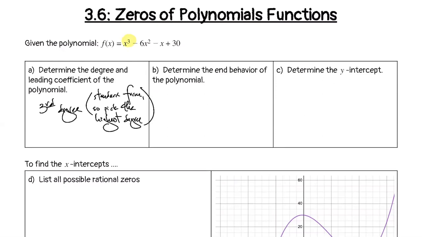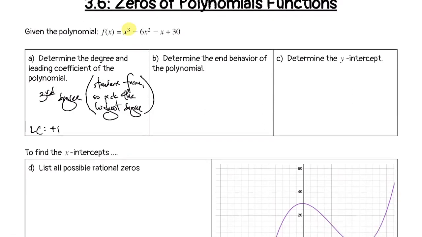We don't have to add any of the powers together because they already multiplied it out for us. And our leading coefficient is a positive 1 because that's the number in front of x cubed. If that doesn't sound super familiar, for part A, I would go back to section 3.3 and you can read and redo some problems on degree and leading coefficient.